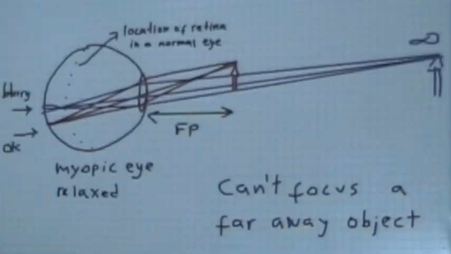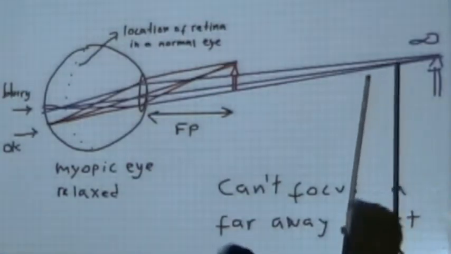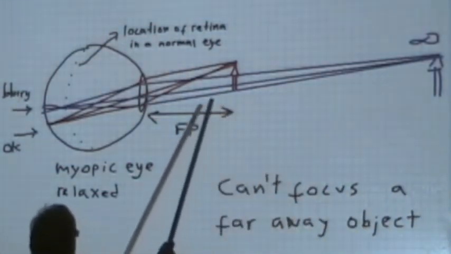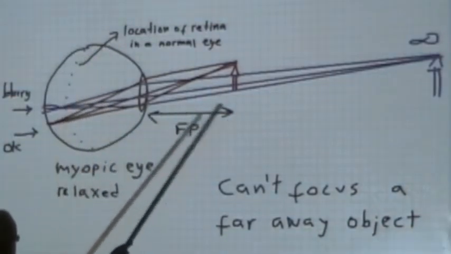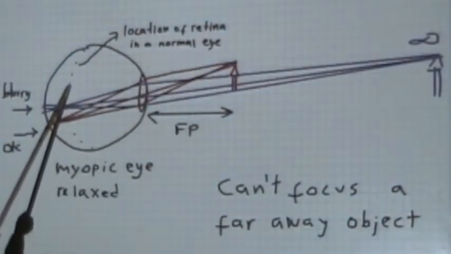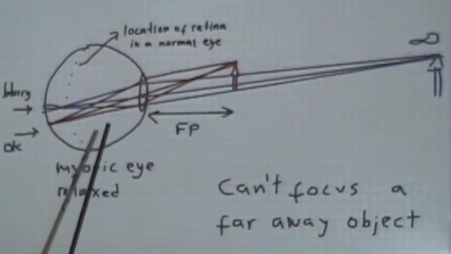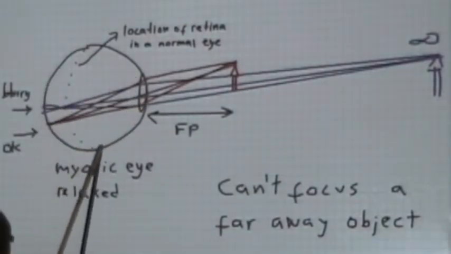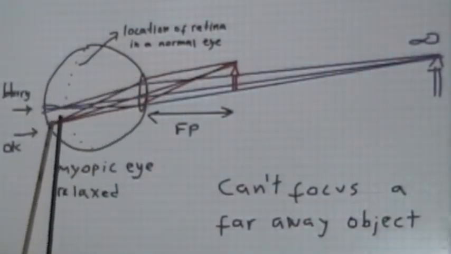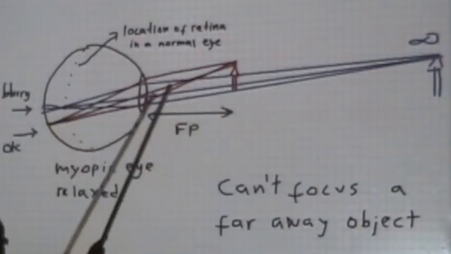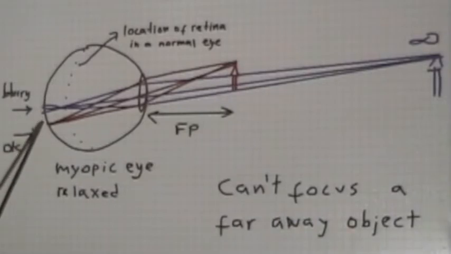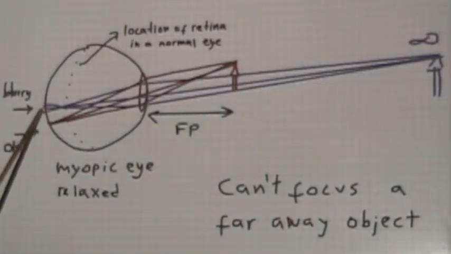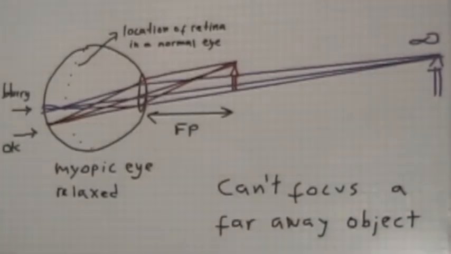So if you have an object that is really far away, in a normal eye, which has this shape, those light rays will be focused on the retina, which will be over here. But for a person with myopia, the eyeball is a little too long. Therefore, an object at infinity gets an image formed here, which is not where the retina is. So you get an image that is blurry because the light rays are not coinciding at one point there.